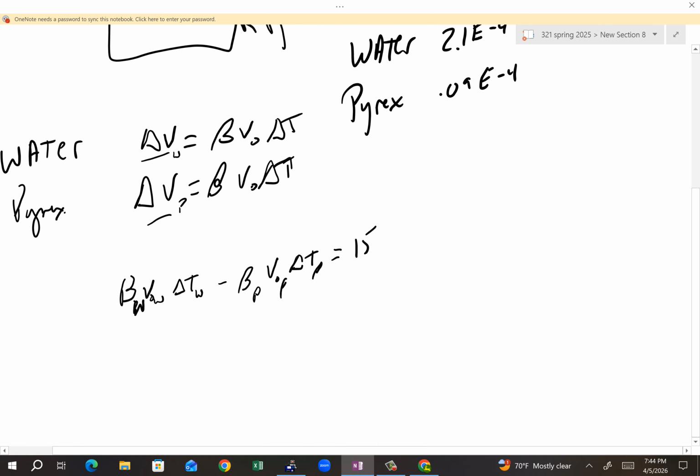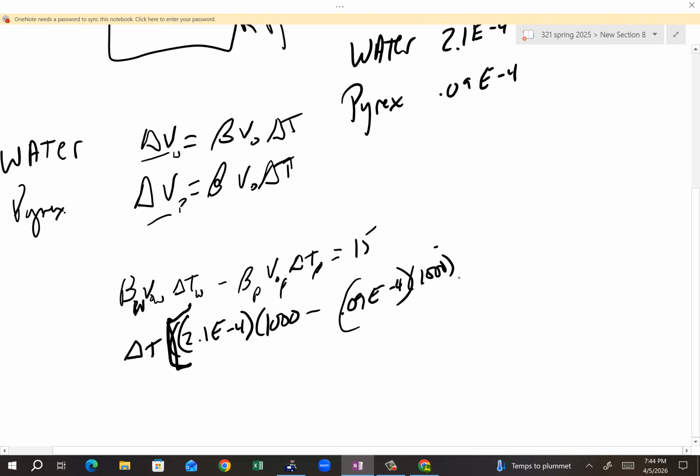Well, here's also what I know. These guys have a delta T in common, so you could factor it out. So that's 2.1 E minus 4 times 1,000 minus 0.09 E minus 4 times 1,000 equals 15. So if you were to simply open up a calculator, it would be helpful.